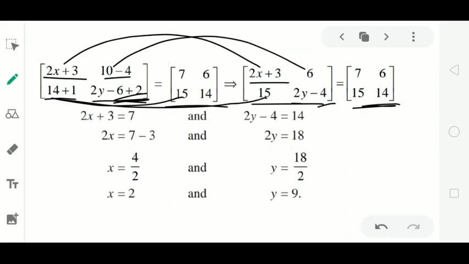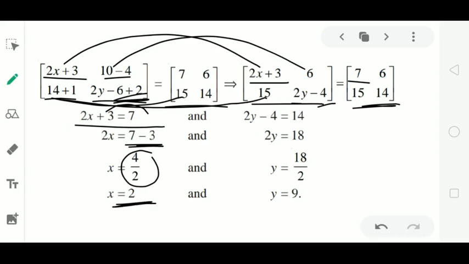First element 2x plus 3 in LHS is equal to the first element of the matrix in the RHS. 2x plus 3 is equal to 7. So let us solve this. Taking 3 to the RHS, we get 7 minus 3. 2x equal to 7 minus 3, 4, implies that x equal to 4 by 2, that is 2.